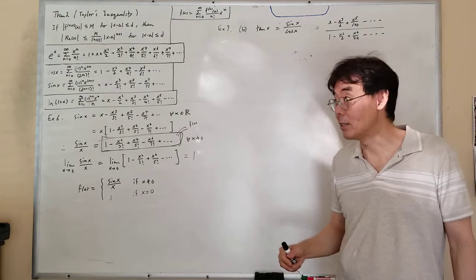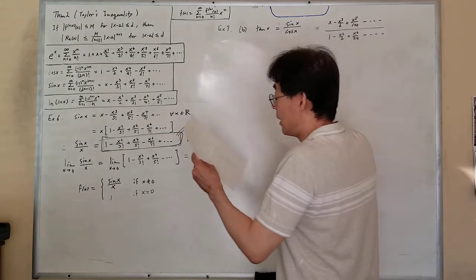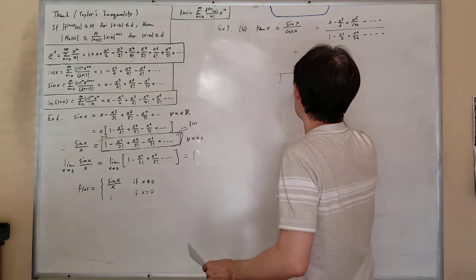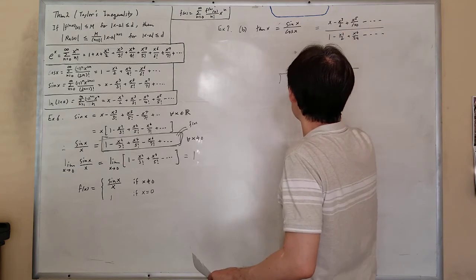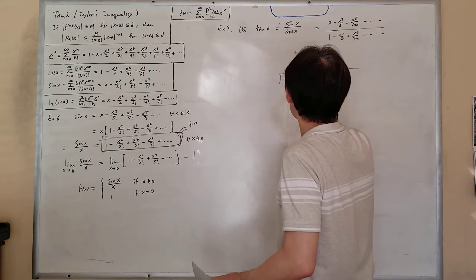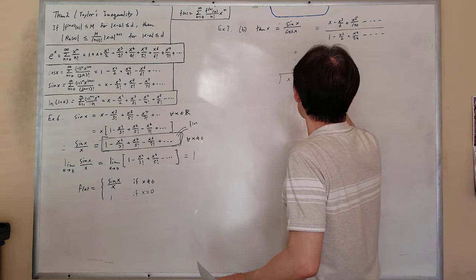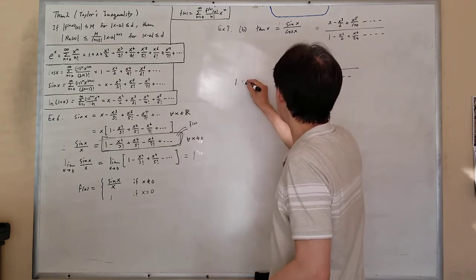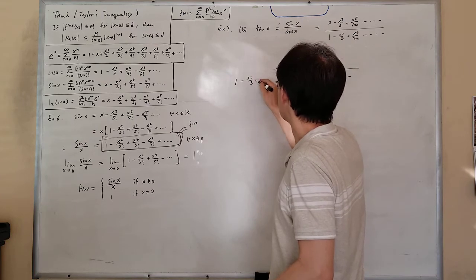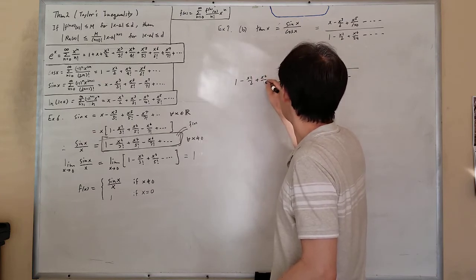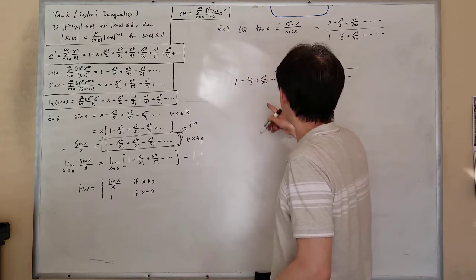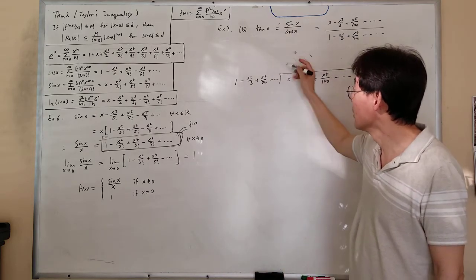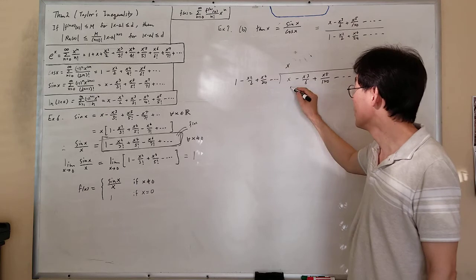Here, if you do this, divide this one by 1 minus x squared over 2. First of all, we need x, isn't it? X times this.